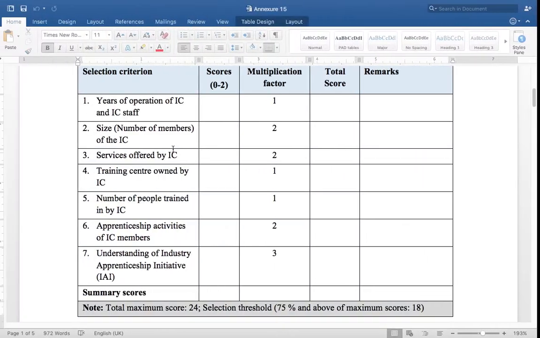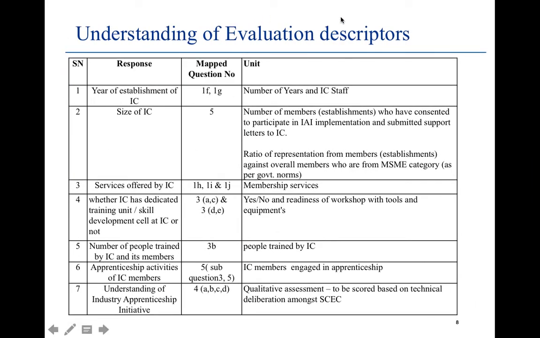Going back to the evaluation descriptors, the category year of establishment of IC is mapped with question number 1F and 1G, and the units are like this. Now we have prepared a detailed sheet to help the SCEC identify and capture all these 7 categories, where they are mapped, and against which question. I'll take you through an example of this.